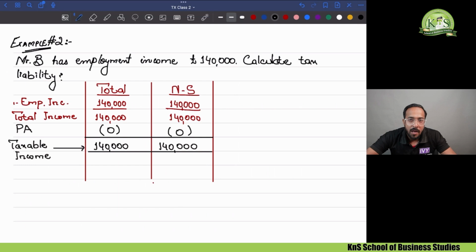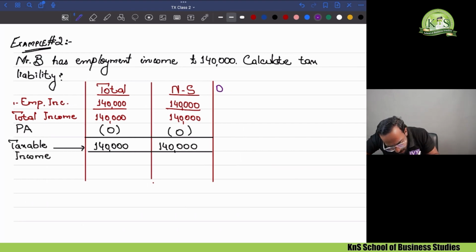Got it? Now my question is, what is the status of Mr. B? The status of Mr. B is additional rate taxpayer, because it is crossing the limit of 1,25,140. Now you need to be very, very careful over here.